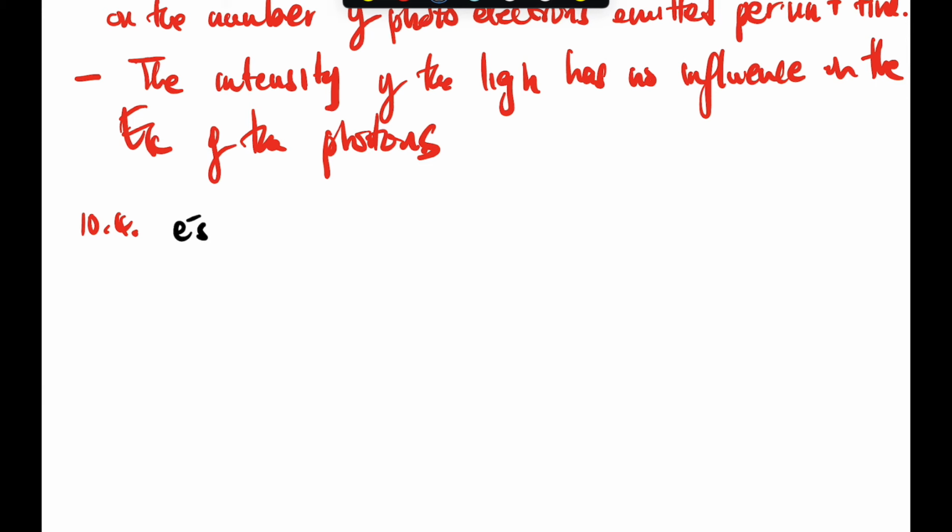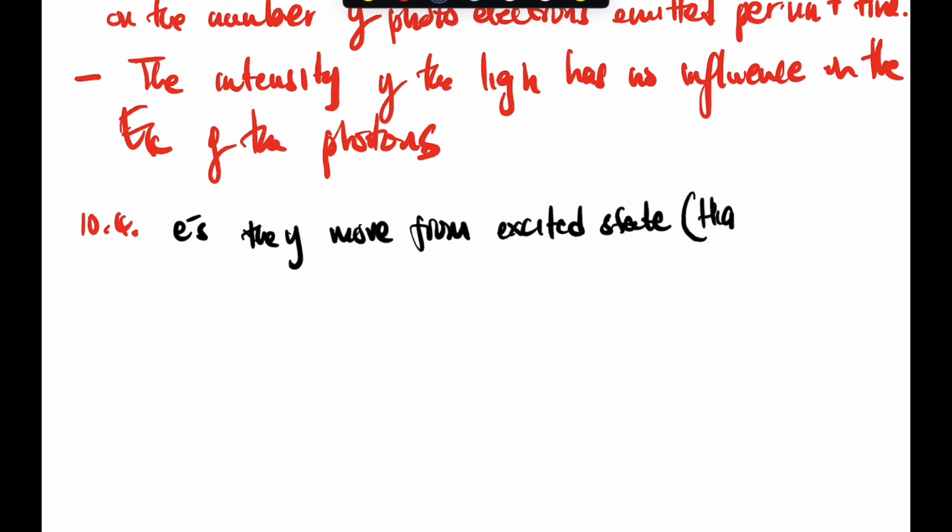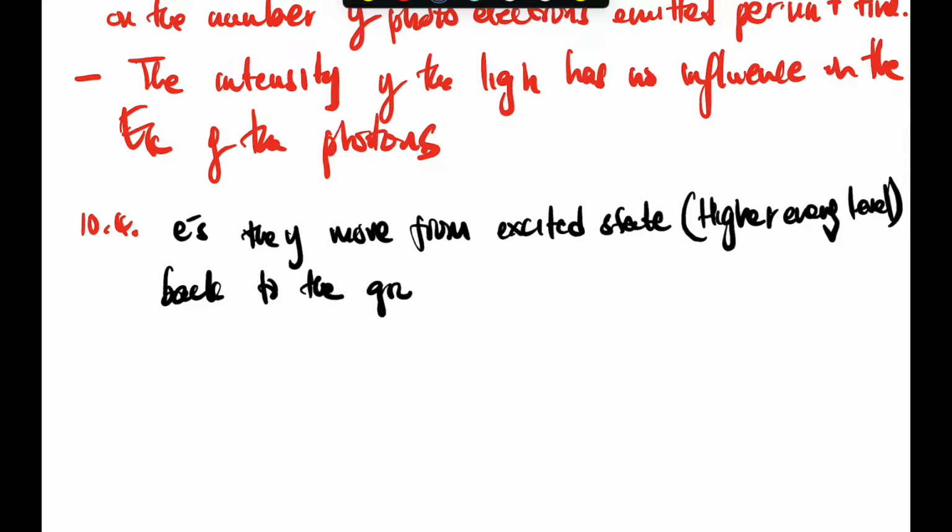So you will say here, electrons move from the excited state, which is the higher energy level, back to the ground state.